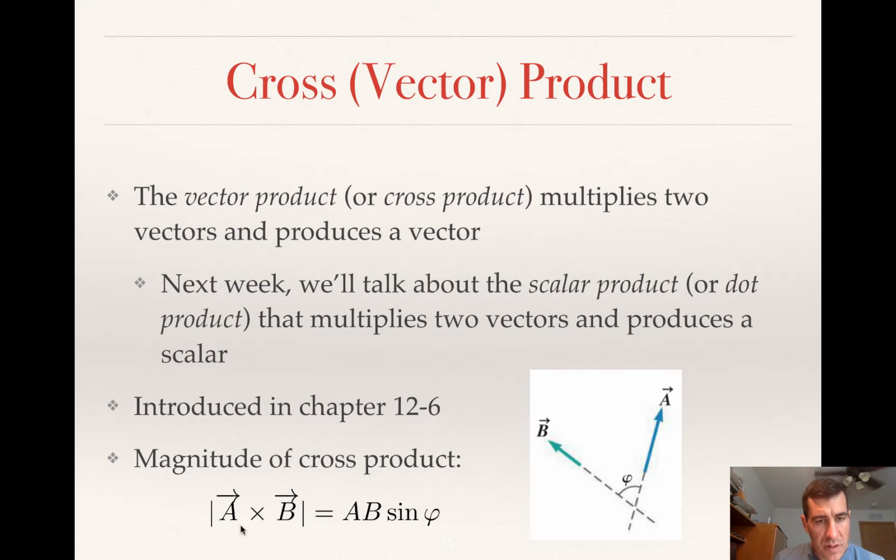And it's important because we use the little times sign to indicate the vector product or the cross product, which is part of the reason why it's called a cross product. Whereas for the scalar product or the dot product, you use a dot. So they're actually different. But if you just want the magnitude of this, you just take the magnitude of vector A, the magnitude of vector B, and multiply by the sine of this angle phi in between them.